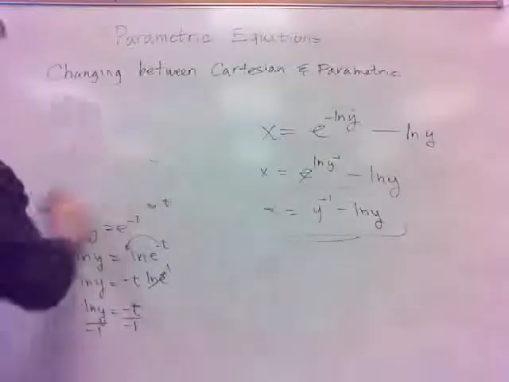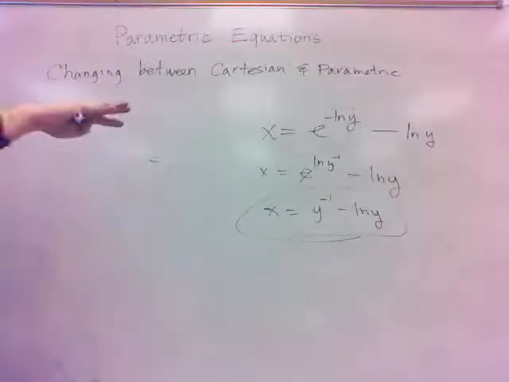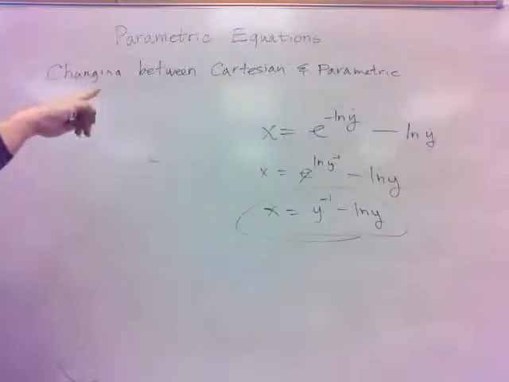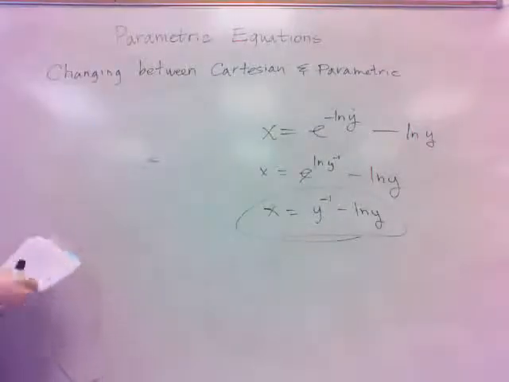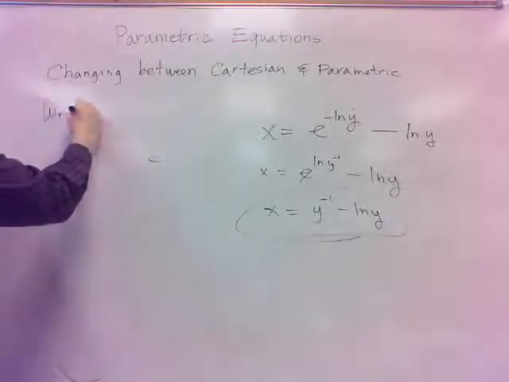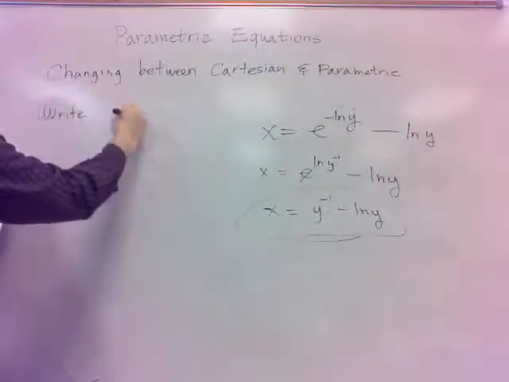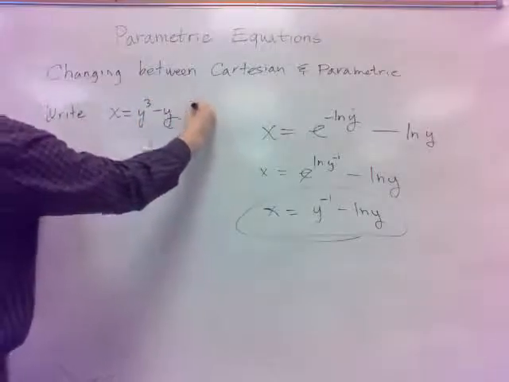Okay. Well, let's go the other way. What if I want a Cartesian equation in parametric form? It's usually pretty easy. Right? x equals y cubed minus y in parametric form.